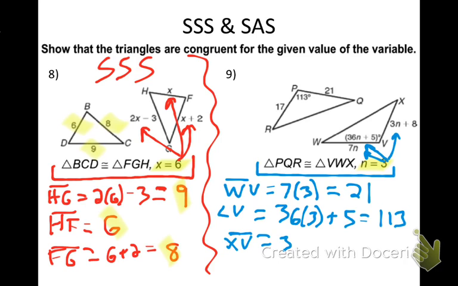XV equals 3 times 3 plus 8. 3 times 3 is 9, plus 8. So I have lengths of 21, 113, 17. Which means my shortcut is what here then, Gabe? SAS. Nice job. That'd be an SAS. So again, that's the included angle.